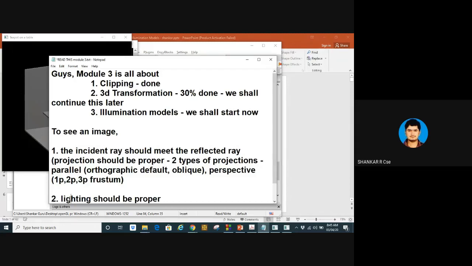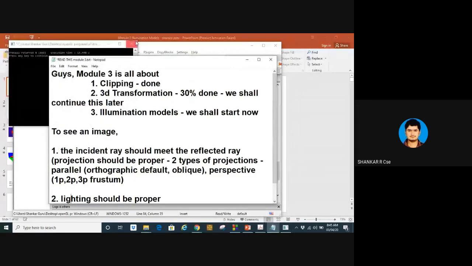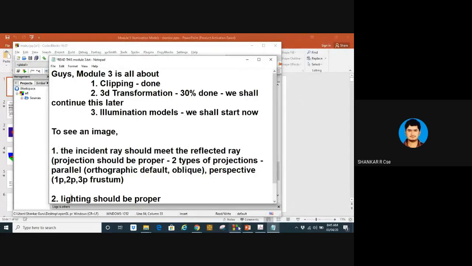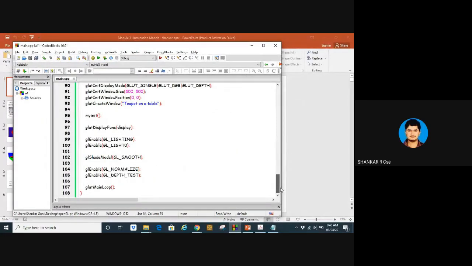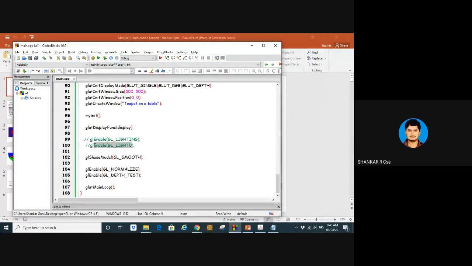If I don't, for example, if I do not enable my lighting and you run this, you will see you are not seeing your image. So in order to see the image, lighting should be proper.